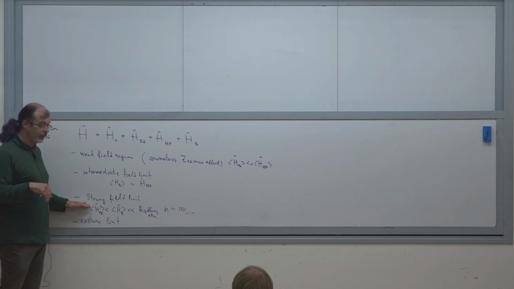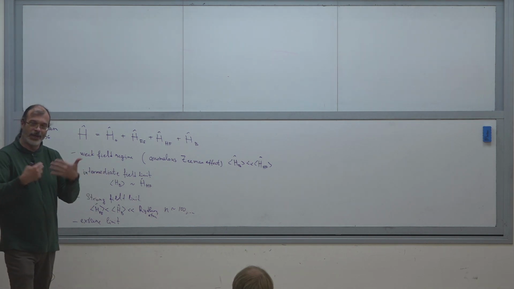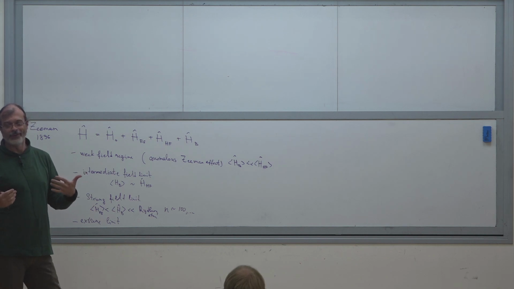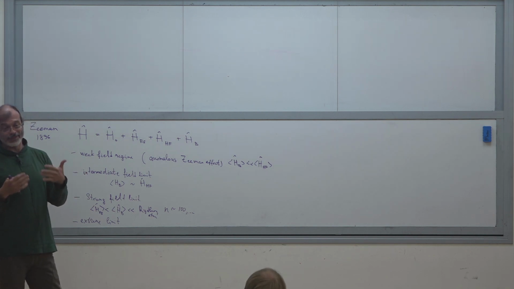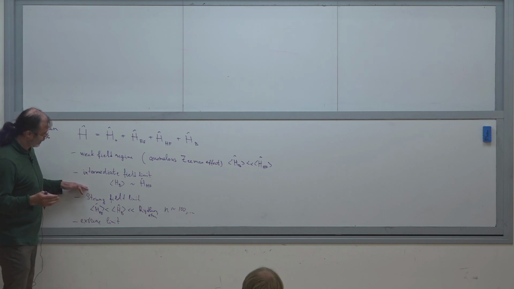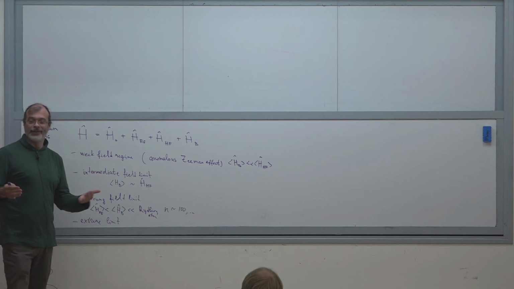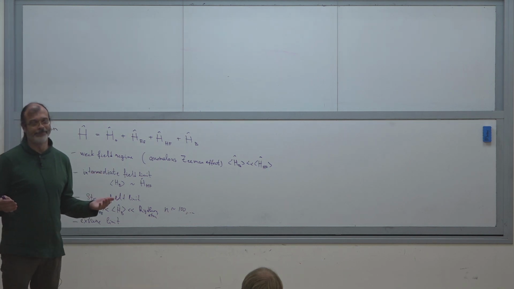So this is what we need to do in this regime. This regime actually splits J. So J is not a good quantum number anymore. The good quantum number still is L. L will be a good quantum number, but S and I should be considered independently. In this regime of the extreme limit, L is not a good quantum number anymore.